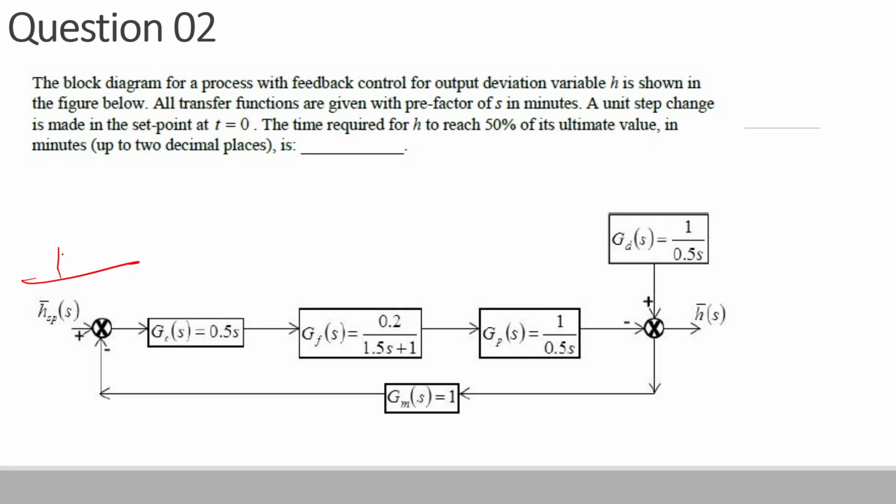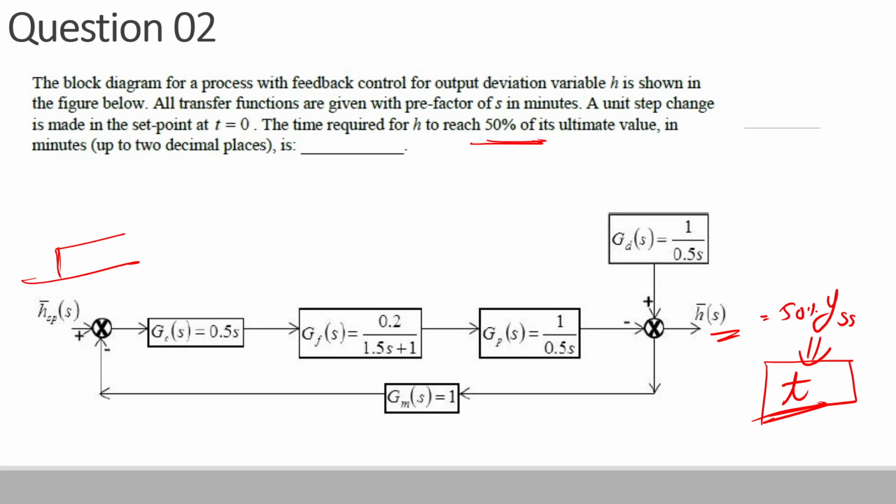The time required for h to reach 50% of its ultimate value, that is the steady state value, we have to find.